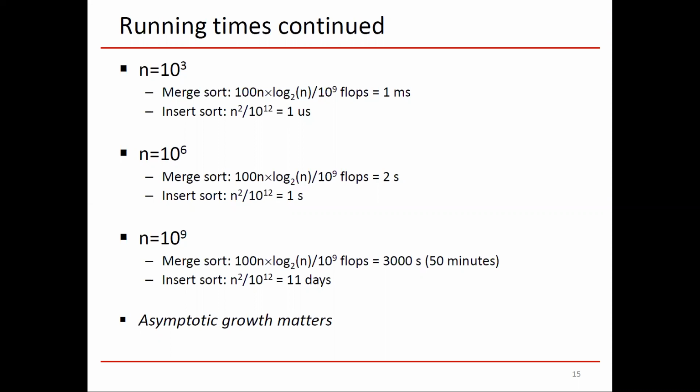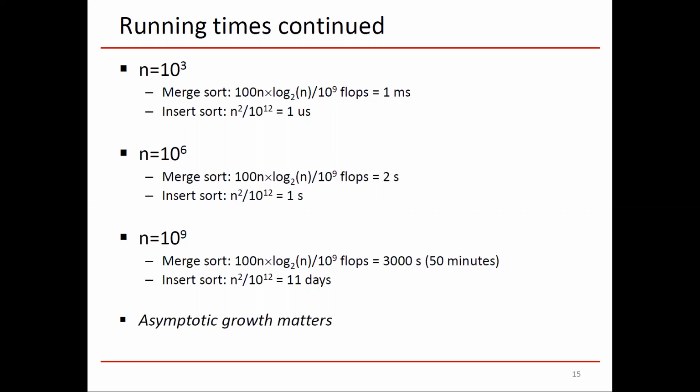What about the insert sort? N squared, but I'm getting 1 trillion operations per second. 1,000 squared is 1 million. 1 million divided by 1 trillion is a microsecond. So for a problem of size 1,000, the merge sort takes a millisecond. The insert sort takes a microsecond.